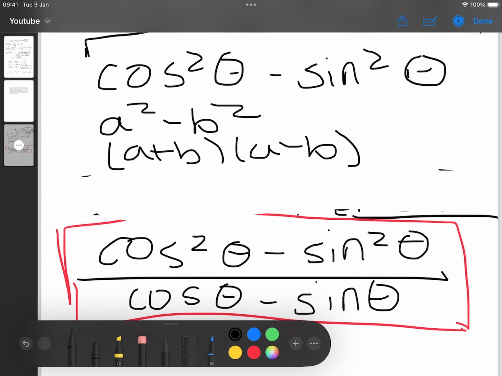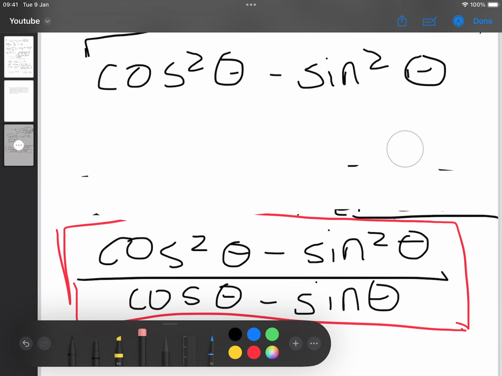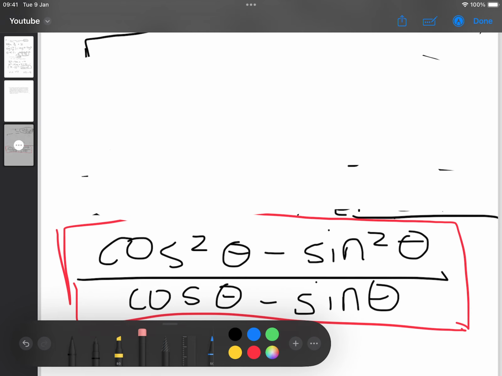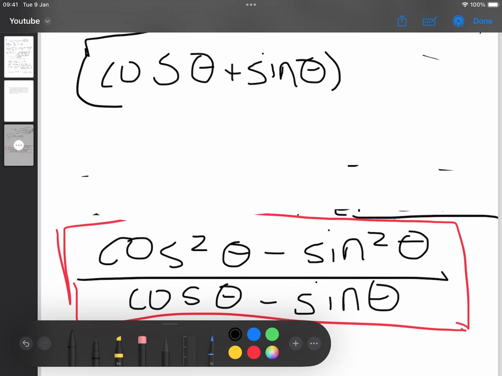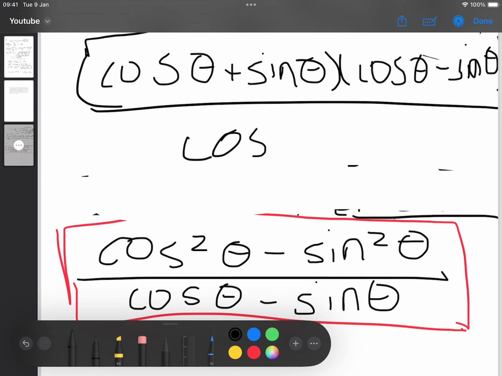We can use this algebraic identity to simplify this, and we get cosine theta plus sine theta times cos theta minus sine theta over cosine theta minus sine theta.